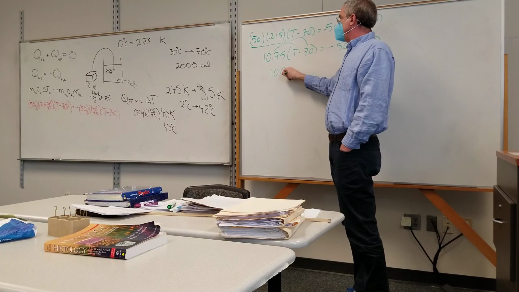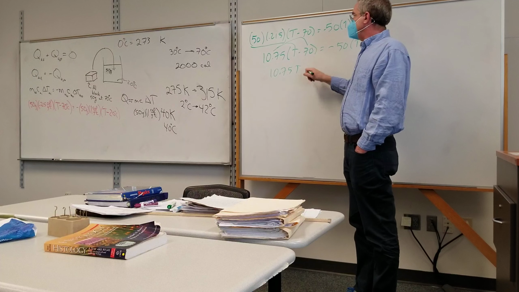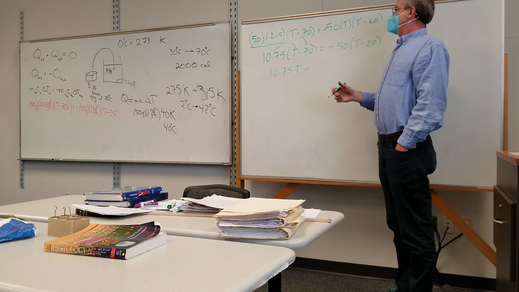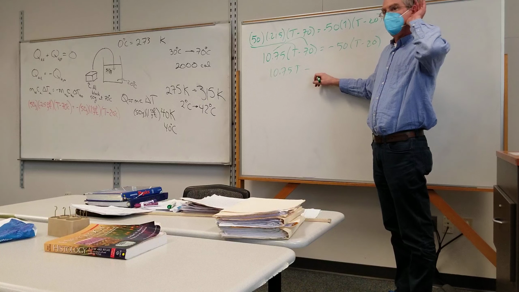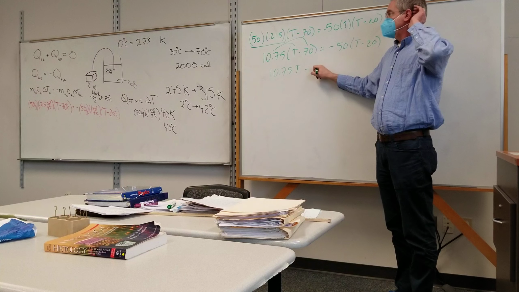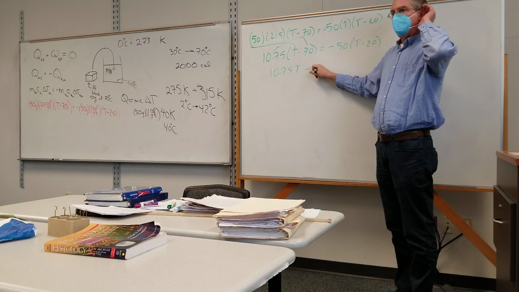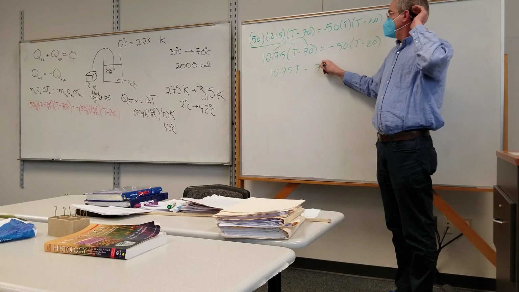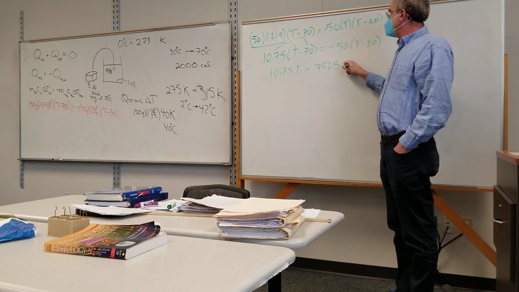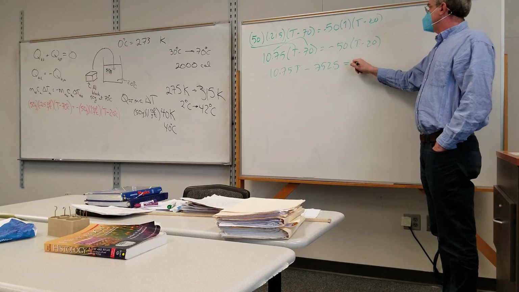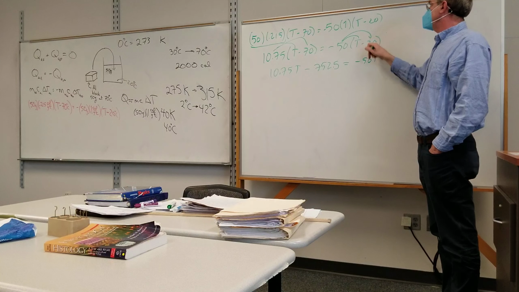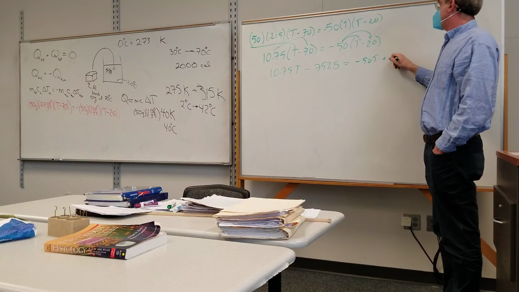That's 10.75t minus 10.75 times 70, which is 752.5, equals, over here, minus 50t, just multiply times the first thing, then multiply times the second thing, plus 1,000.